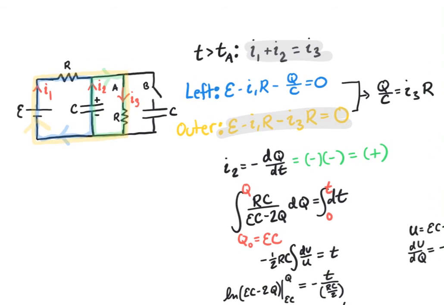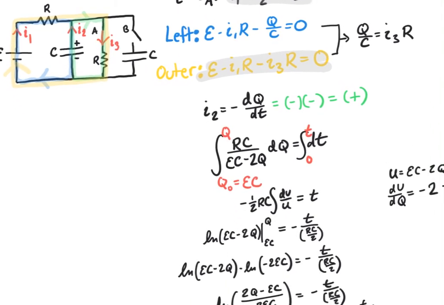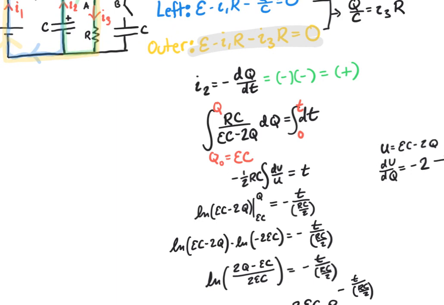And that means you want to end up with an equation that relates only the charge on a capacitor to the current through that capacitor. And we can always relate the current through the capacitor to the rate of change of charge. That gives us a differential equation, which we can then solve by separating our variables, by rearranging it so that every instance of Q is on one side, every instance of T is on the other side.